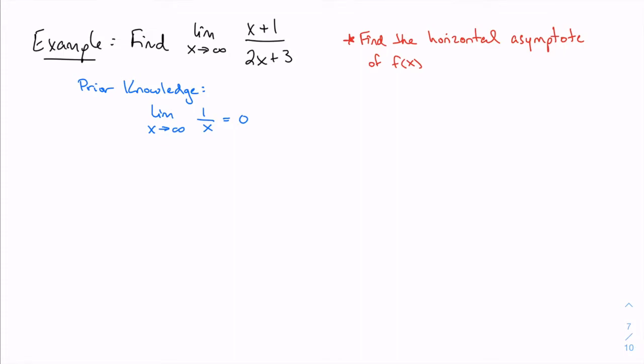If I plug in a bigger number and a bigger number into this function, say 1, 10, 100, 1000, I'm going to get 1, 0.1, 0.01, 0.001. You can see that my number gets closer and closer to 0 without actually getting to 0, hence my limit of the reciprocal function being 0.